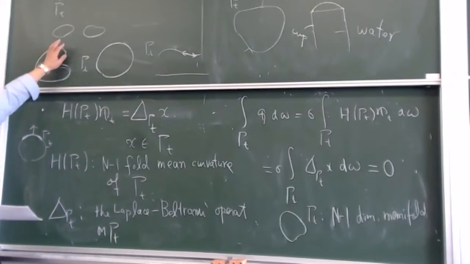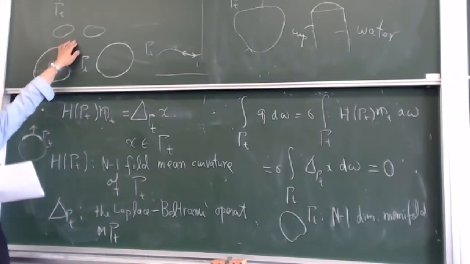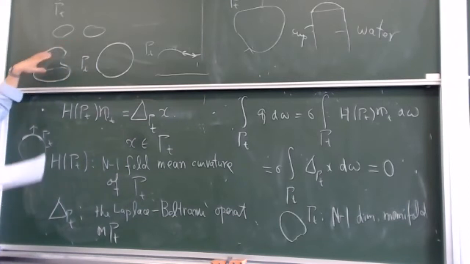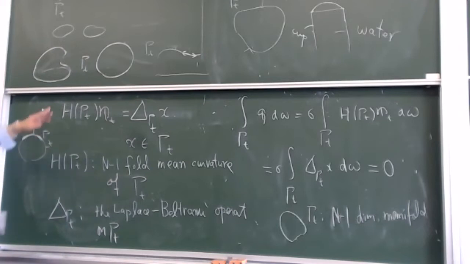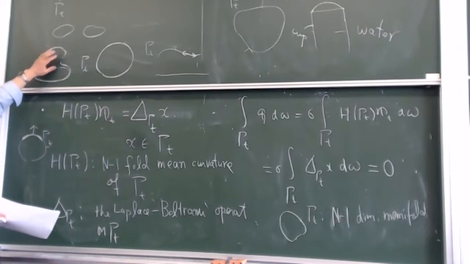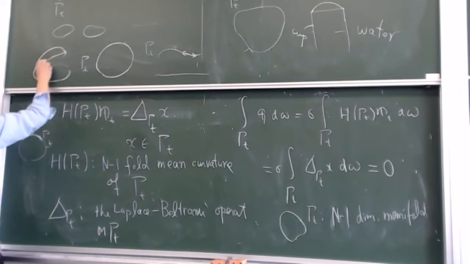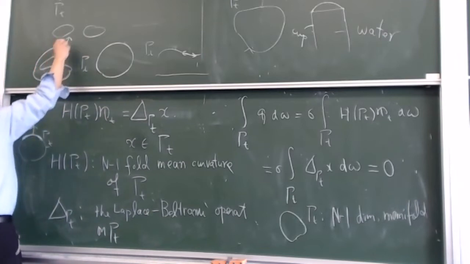But we cannot consider this an analysis because the shape is different. The classical analysis doesn't explain this. Finally, we come to this one.